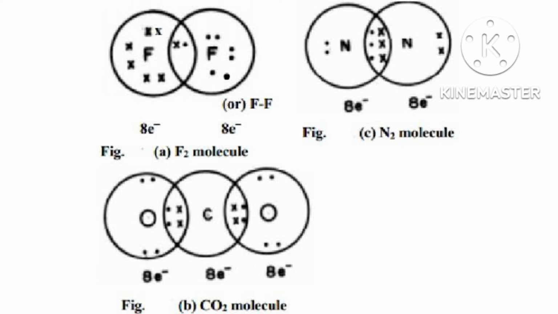As I told you, after losing or gaining electrons, the atom gets stability. Stability means octet; it gets the electronic configuration of a noble gas. Now suppose sodium, 2, 8, 1.